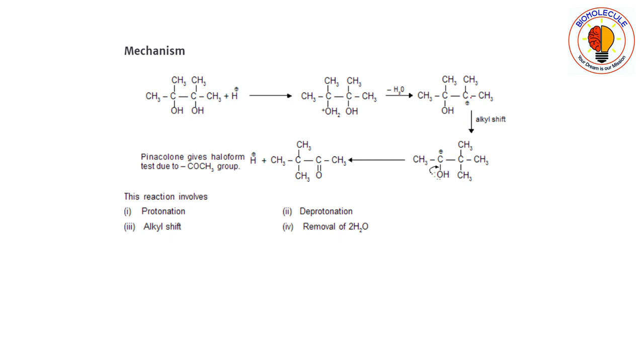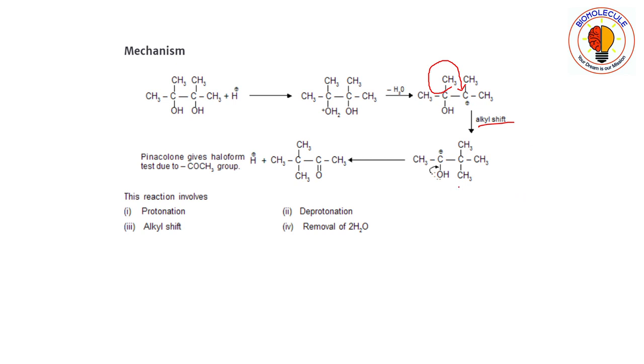Now this carbocation is trivalent. To satisfy its tetravalency and to fill up its octet, the carbon alpha to this carbocation shifts one alkyl group from itself to the adjacent carbon atom. See here, alkyl shift occurs.